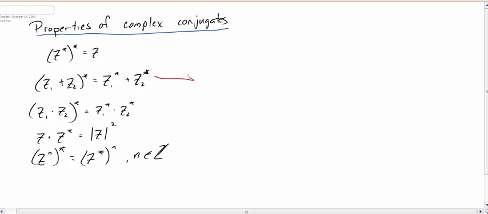For instance, this one here, if we have z1 = a1 + b1i, plus z2 = a2 + b2i, and we want to add these together and take the conjugate. We want to show that this is the same as the conjugate of z1 plus the conjugate of z2.